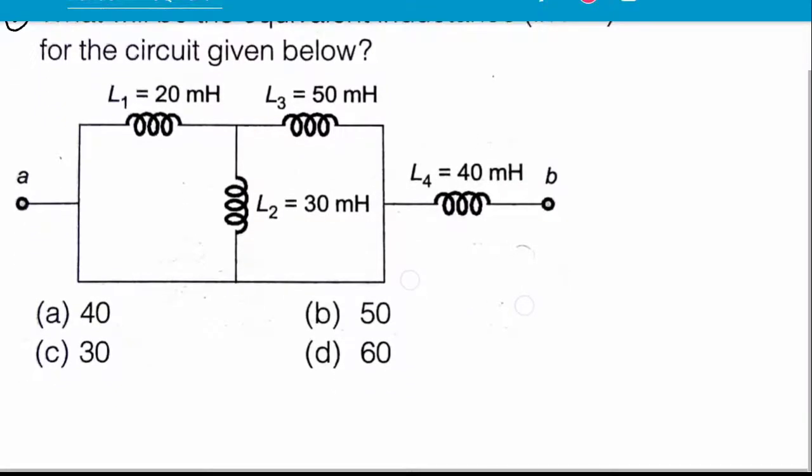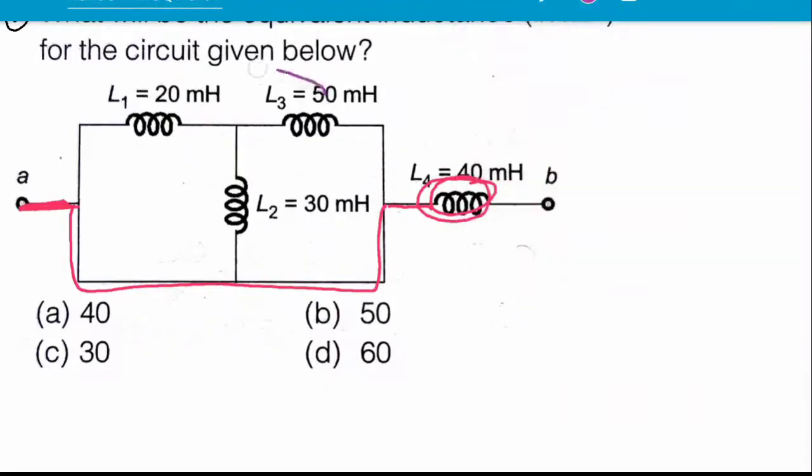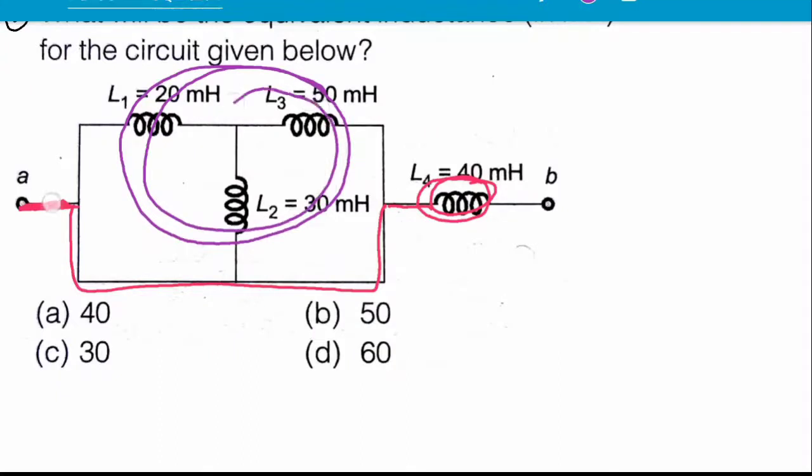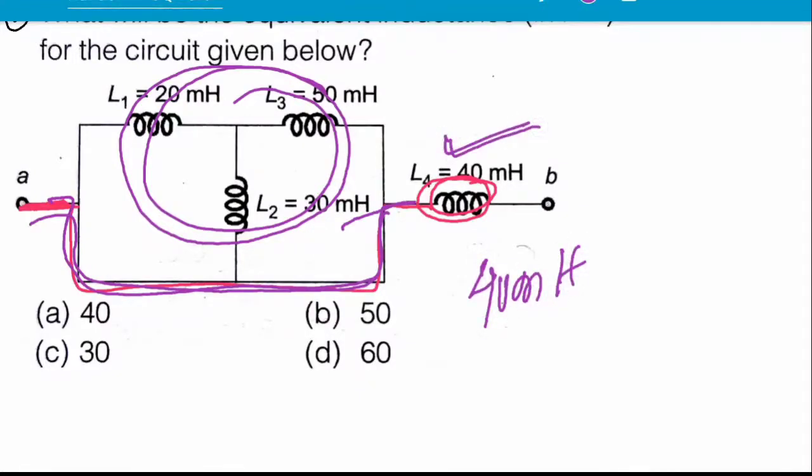Here in this circuit, A is connected directly to B through this path only, and these inductances have no value because these are all shorted. So the equivalent inductance will be only 40 millihenry, due to this one. So the answer will be option A.